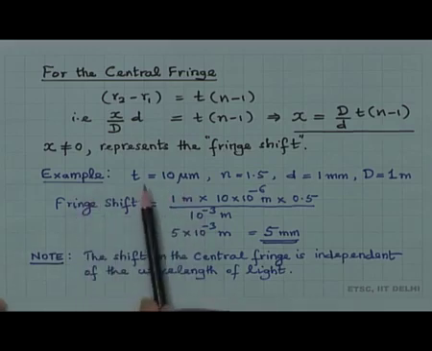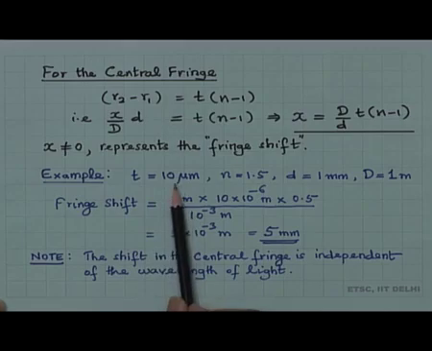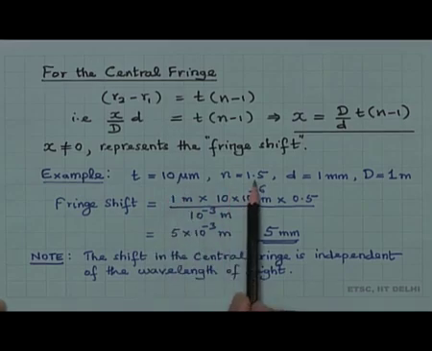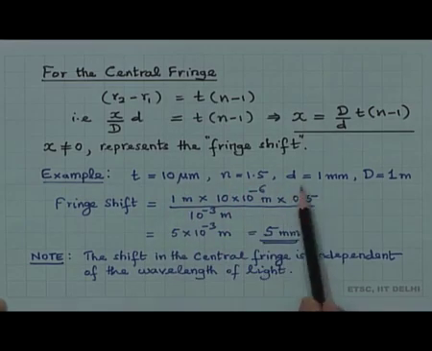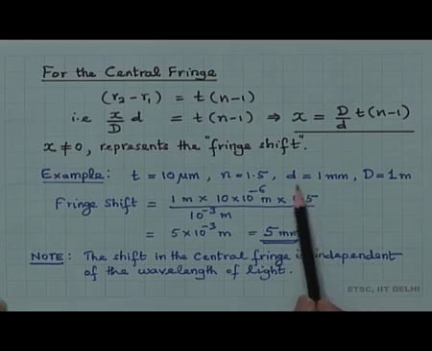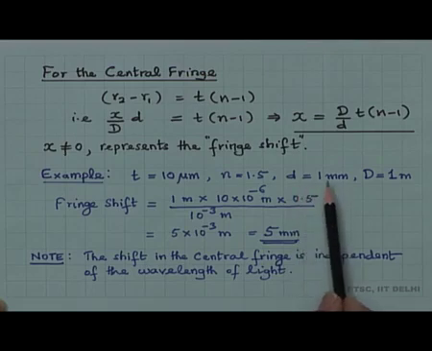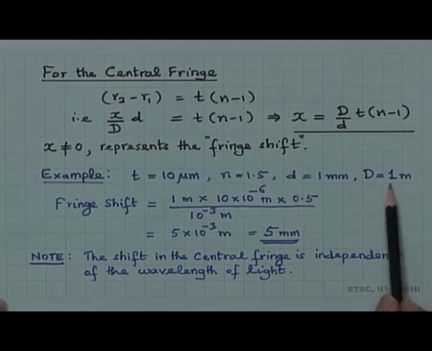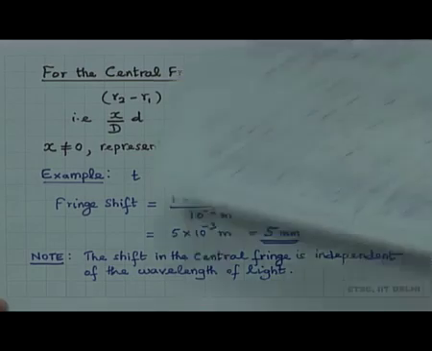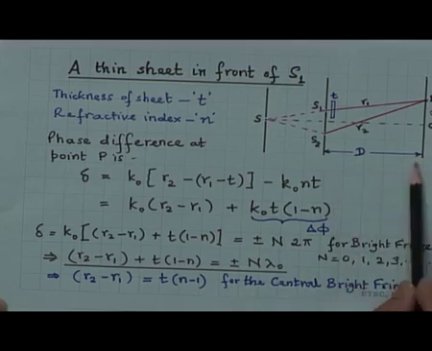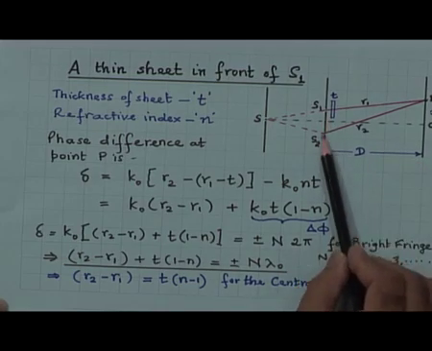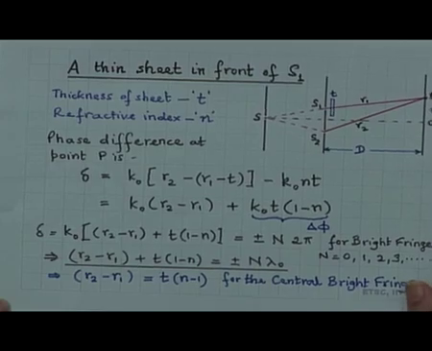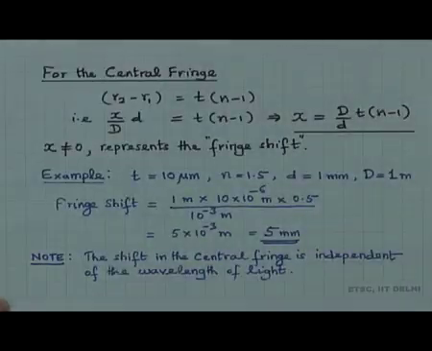And therefore, in the example here, t is equal to 10 micrometer, refractive index is 1.5, d, the separation between S1 and S2, the two sources, is 1 millimeter, a typical number which we had taken in the last lecture, and D is equal to 1 meter, that is the source is at a distance of 1 meter. Small d is the separation between the two sources, we use the same notation, about 1 millimeter.